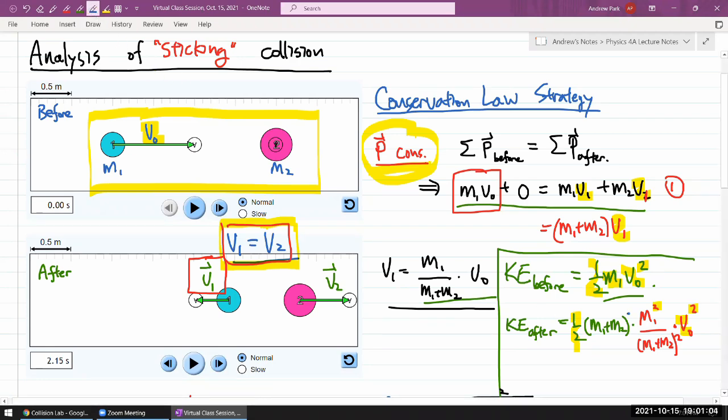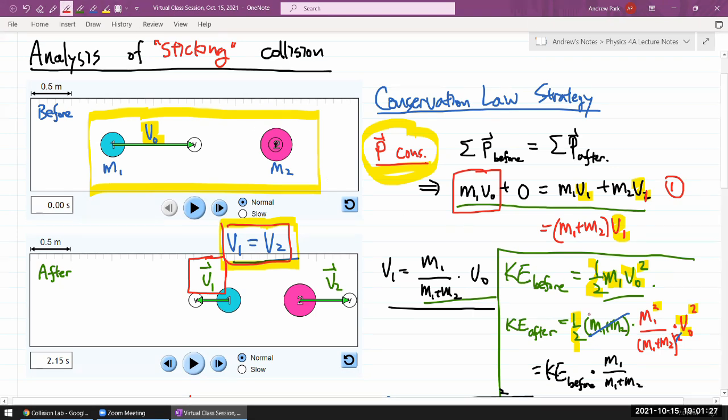So let me just cancel this out with the one factor here. Really, comparing the two expressions, kinetic energy after is kinetic energy before times a factor, and the factor will be M1 divided by M1 plus M2.